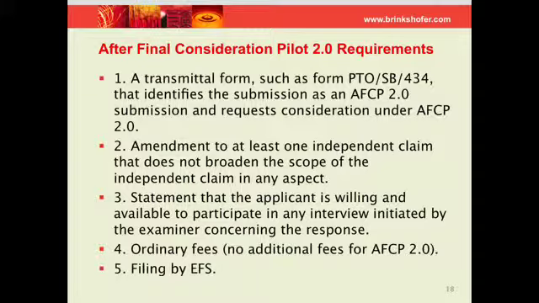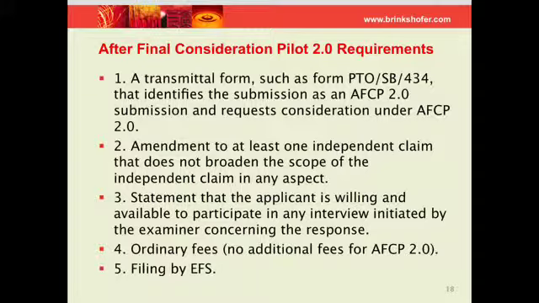The second requirement is that the amendment is to at least one independent claim that does not broaden the scope of the independent claim in any aspect. Another requirement is that there's a statement that the applicant is willing and available to participate in any interview initiated by the examiner concerning the response.